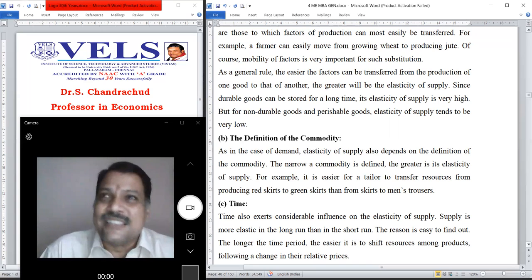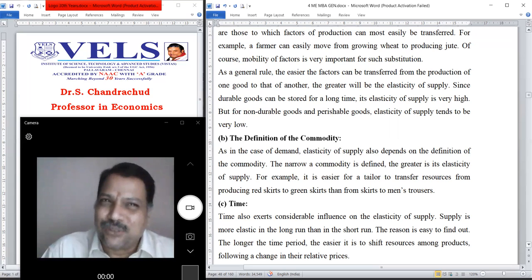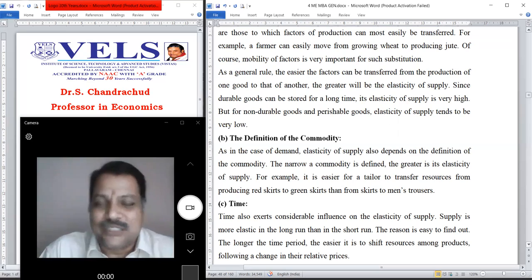It is easy to change the type of product within a category. Skirt to skirt is possible, but skirt to trouser is difficult. That is why a properly defined commodity should be there. Moving from wheat to rice is easy, but wheat to vegetables is a difficult task.